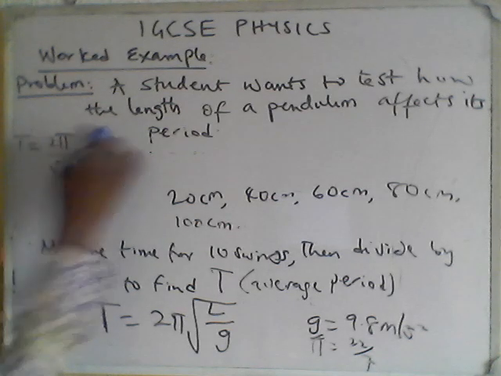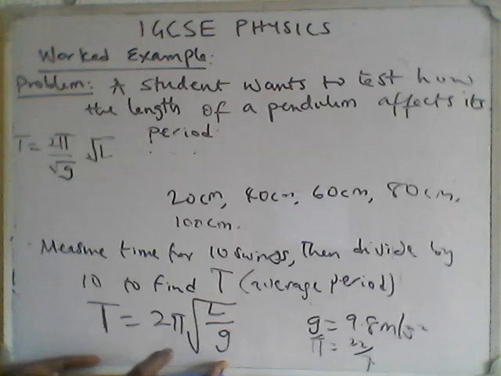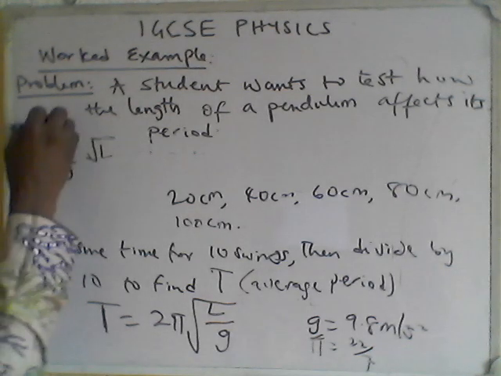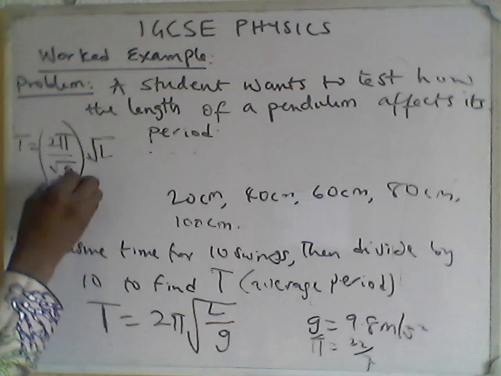This formula is the same as the earlier formula, but I've arranged it so that I can clearly identify the dependent variable, the independent variable, and the constants. So this is the constant. This is the constant. This is the constant.